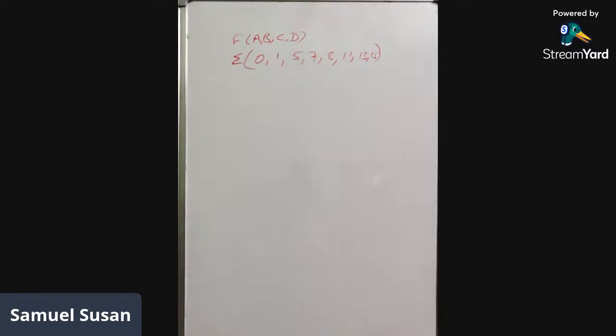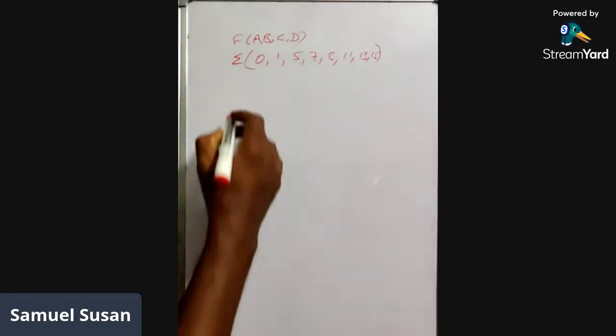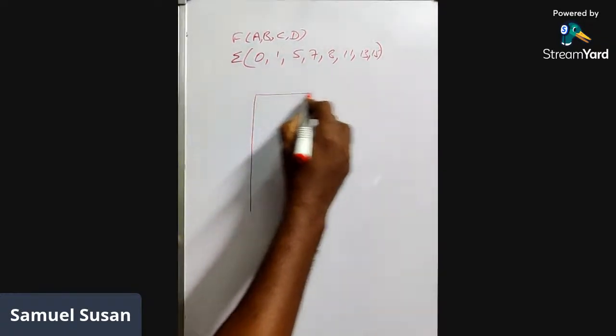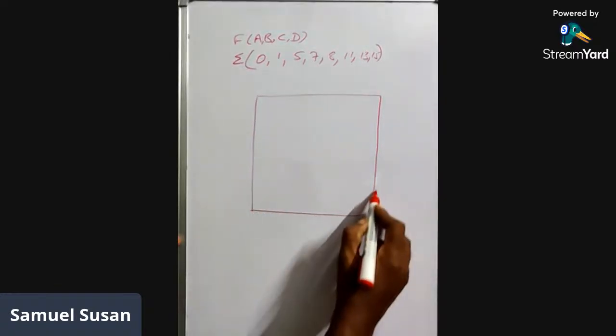Sigma 0, 1, 5, 7, 8, 11, 13, 15, right? So if you want to draw a K-map for this one, this is how a K-map looks like with four variables.